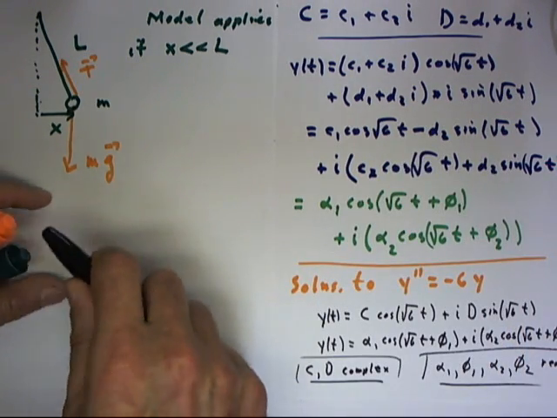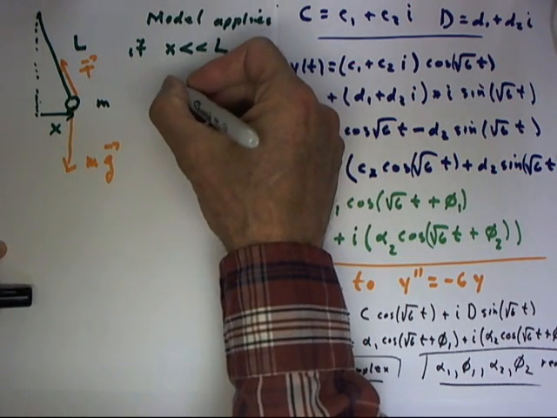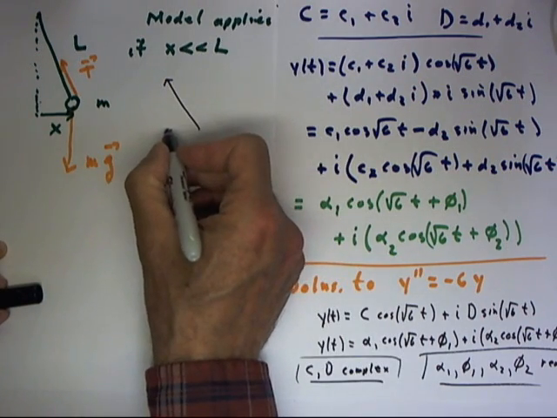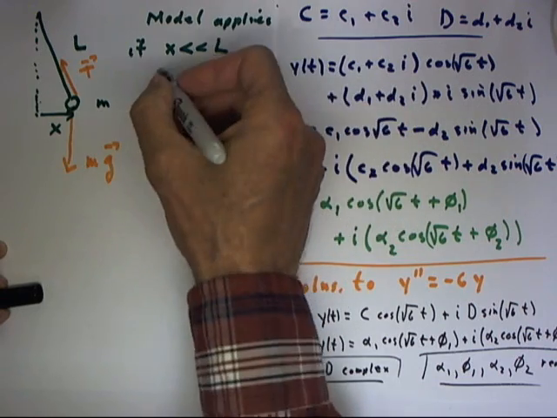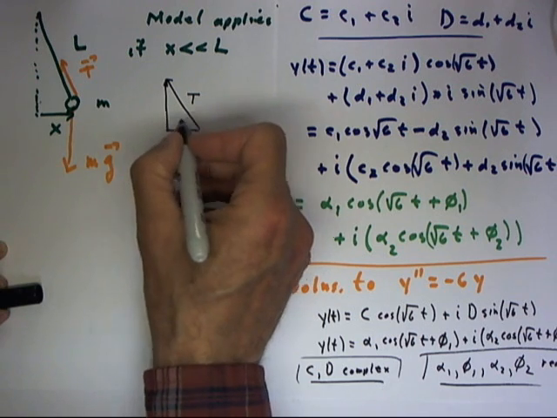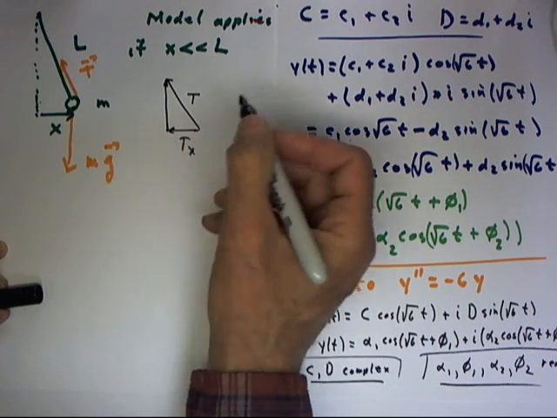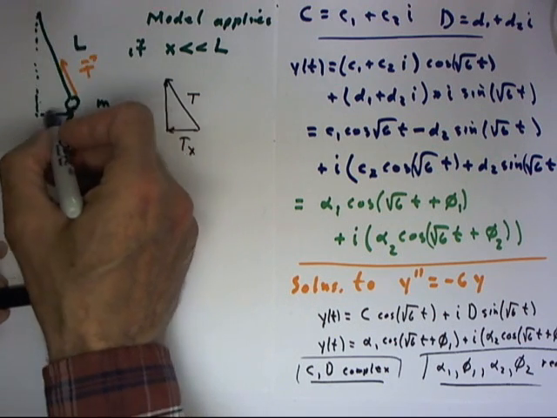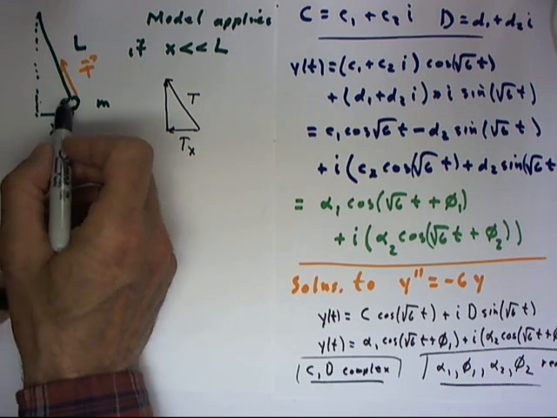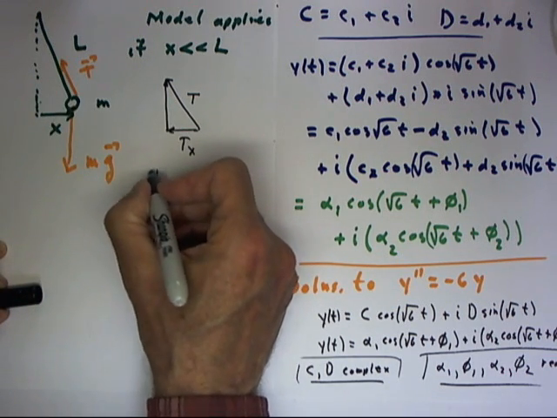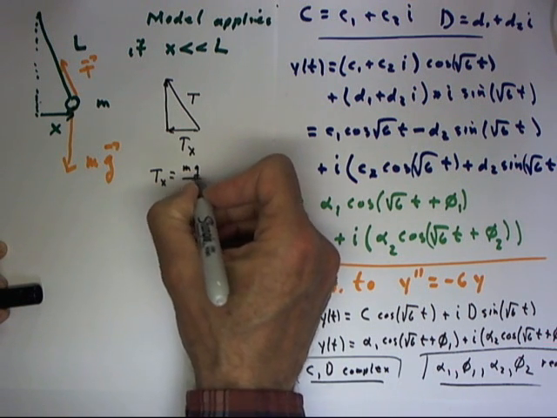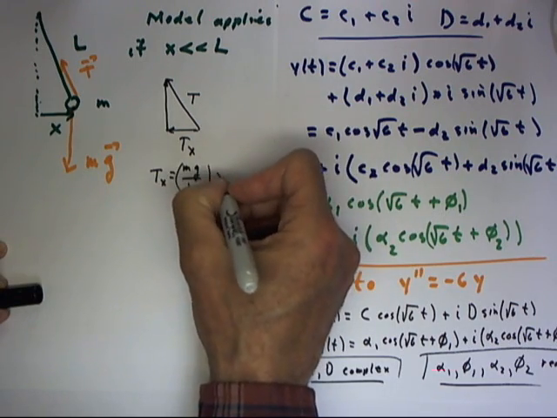from which it follows that a vector diagram with the tension here and the x component of the tension here is geometrically similar to the triangle formed by the pendulum and its horizontal displacement, so that Tx is going to equal mg over L times x.